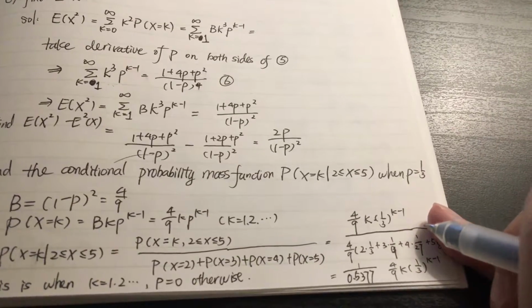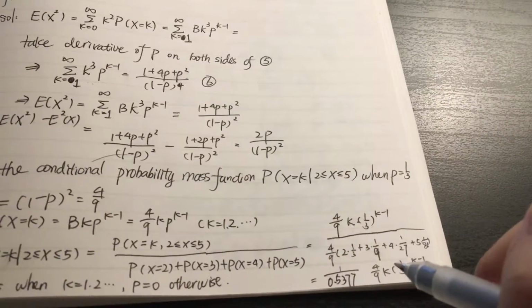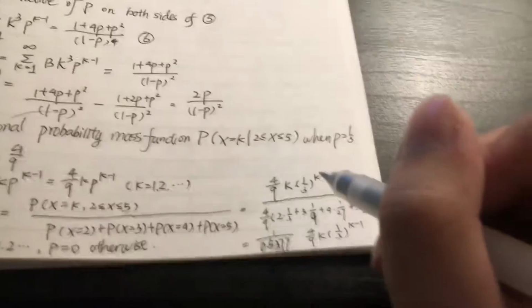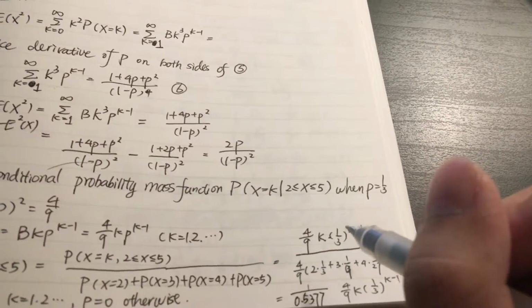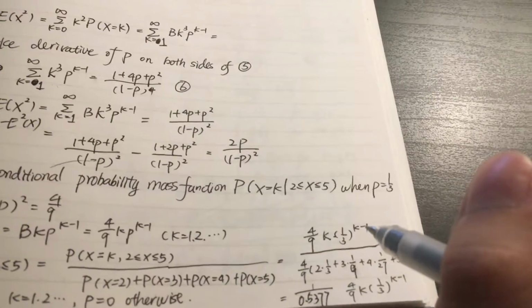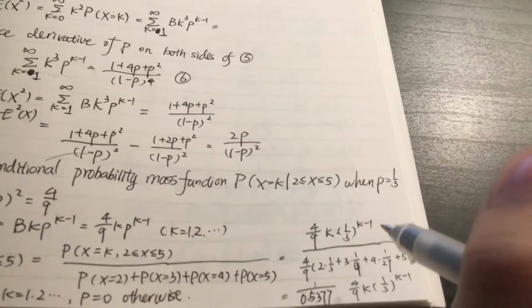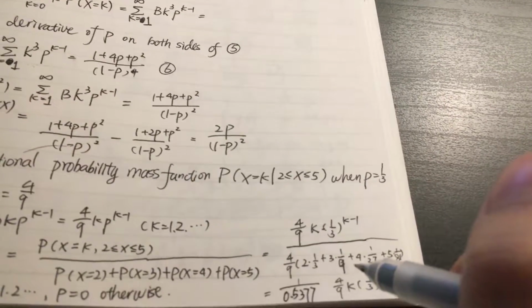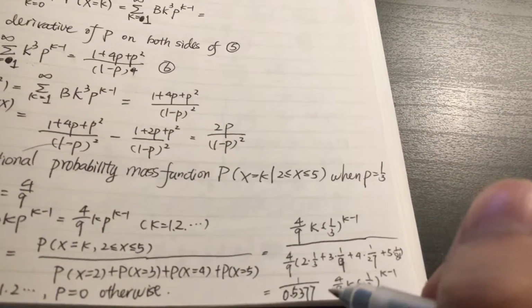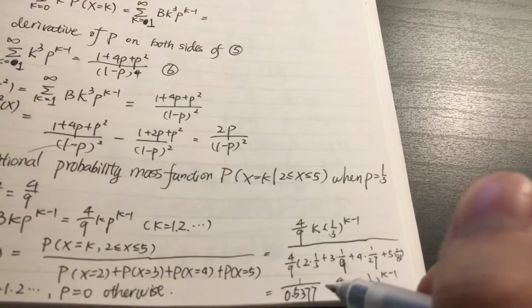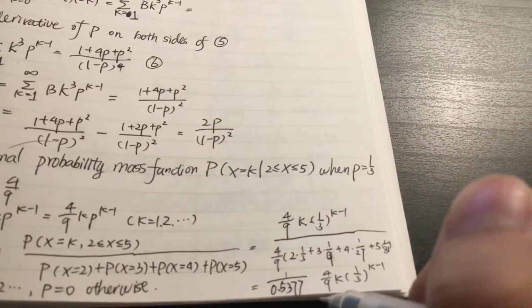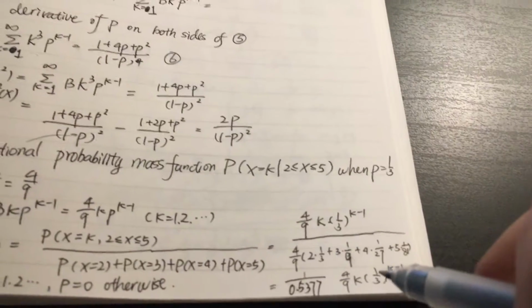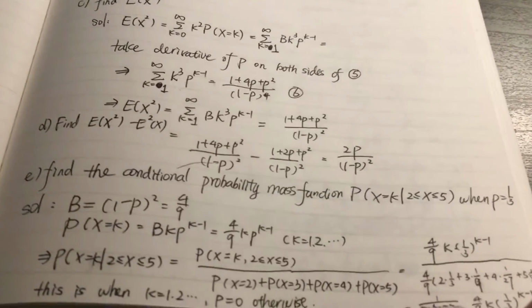The numerator is 4 over 9 times k times 1 over 3 to the degree of k minus 1, and we only need to calculate the exact value of the denominator, which is approximately 0.5377. So 1 over this term times the term in the numerator is the final result we can get.